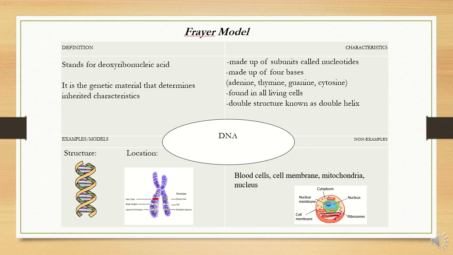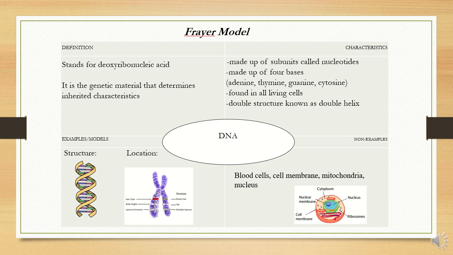So first, in the top left corner, throughout the students' reading and using their background knowledge on DNA, they would define the term, what it stands for, what it actually is, and then in the top right corner, they would add anything else they know about DNA, any sort of characteristics, what it's made up of, where it can be found, which also then leads to examples and models of DNA.